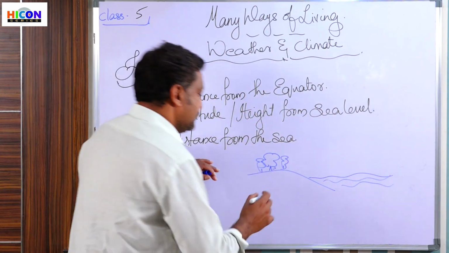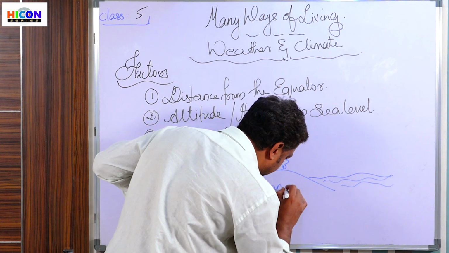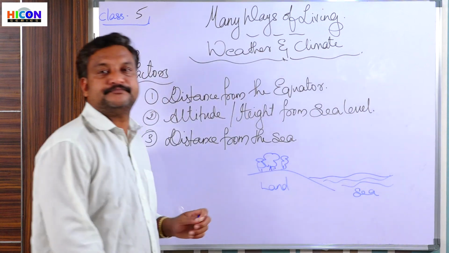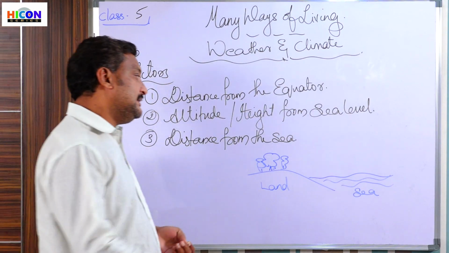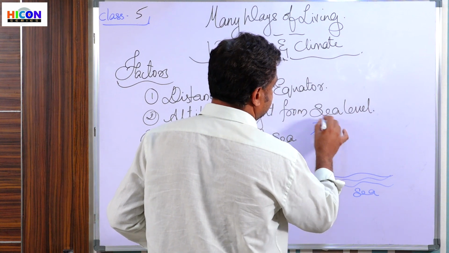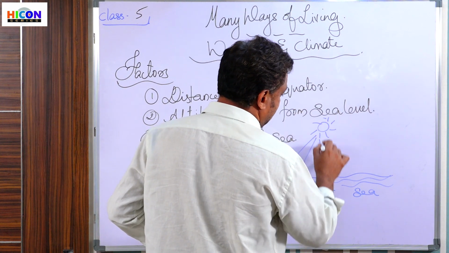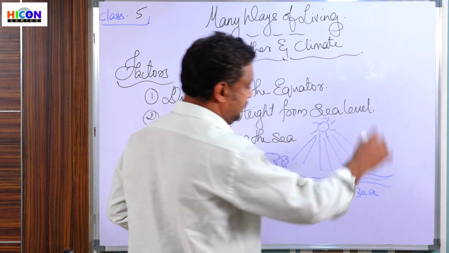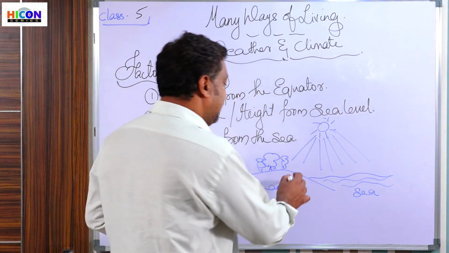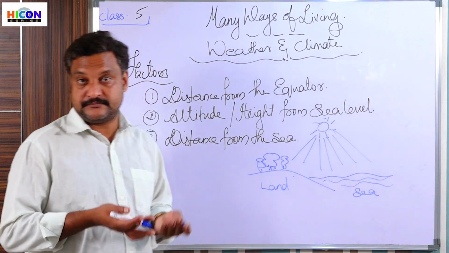So this is land and this is sea or ocean. During the daytime, we have the sun here. The sun rays fall on both land and water. Land becomes hotter first.